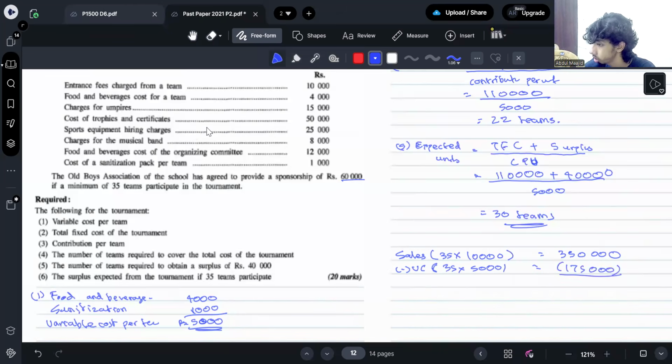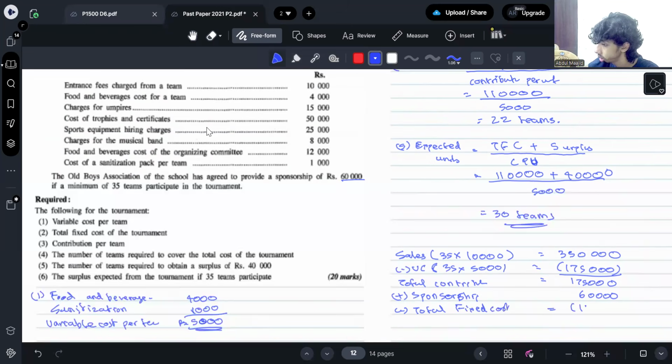Then the total contribution will be 175,000. Now there is a donation sponsorship, right? You can add the sponsorship here, like a kind of other income. Sponsorship 60,000. From that you can deduct the total fixed cost, 110,000.